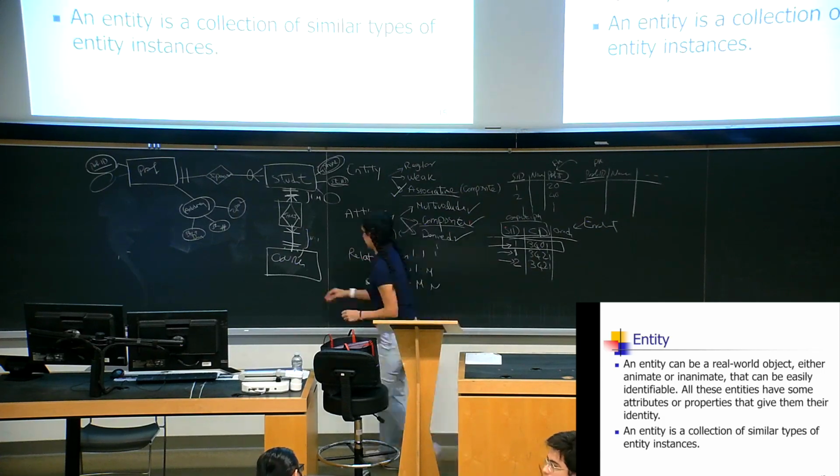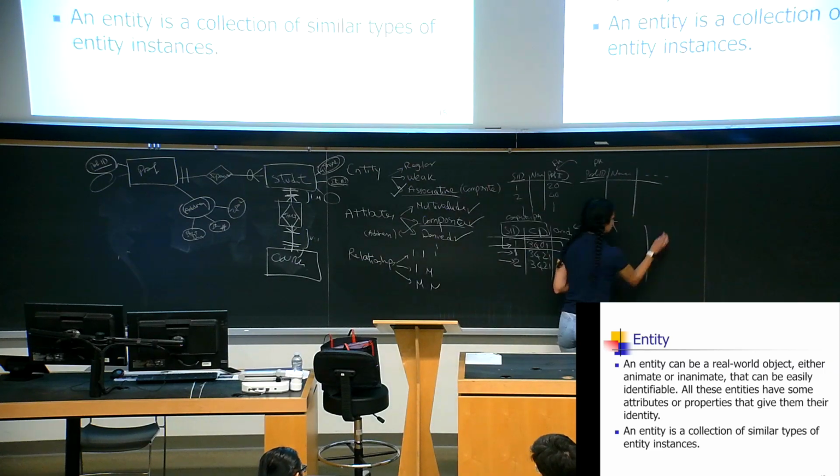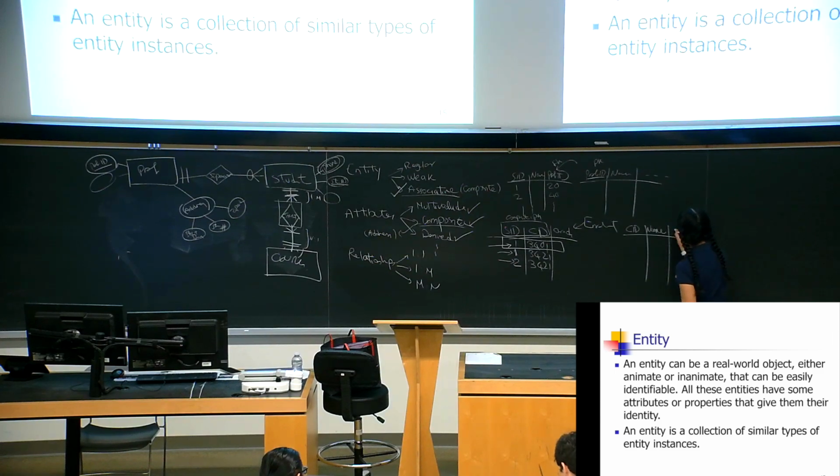So let's say, it's good to think about these things later. So let's say this is your course table, right? So course ID, course name, and this will be the section, okay? So course ID, let's say 3421, which is the database course. We have section B, right?